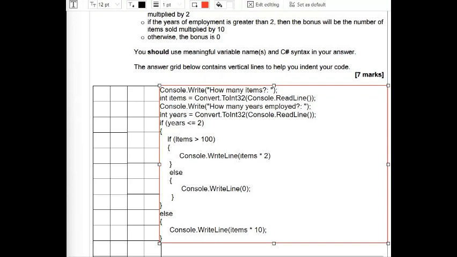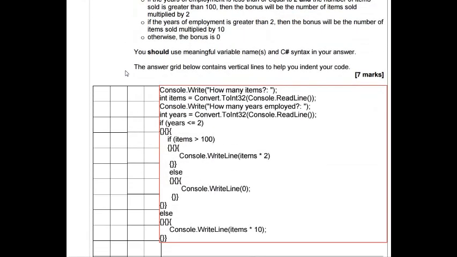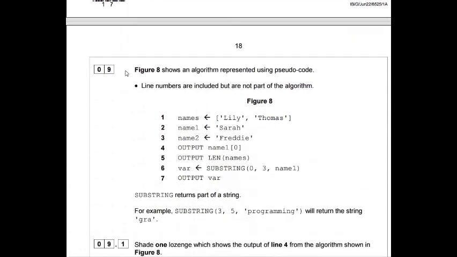You could also go if years is less than or equal to 2, items is over 100, then it's going to go items multiplied by 2. Otherwise, it's going to be 0. Otherwise, it's items times by 10. And that, ladies and gentlemen, is our C# program worth 7 marks. On to the next one we must go.